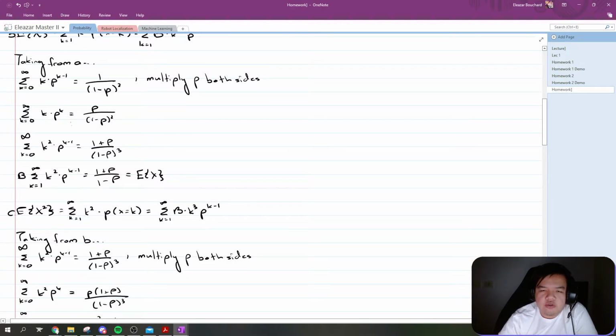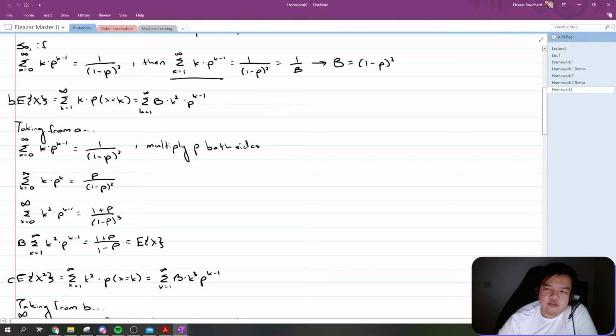Then we differentiate both sides with respect to p. You can use the derivative calculator and you'll get this, and this side becomes k squared times p to the k minus 1. If we add back in b, which we found equals 1 minus p squared, this cancels out to 1.